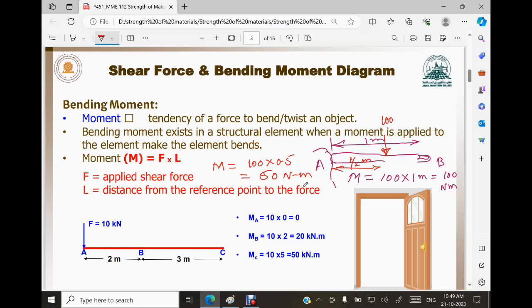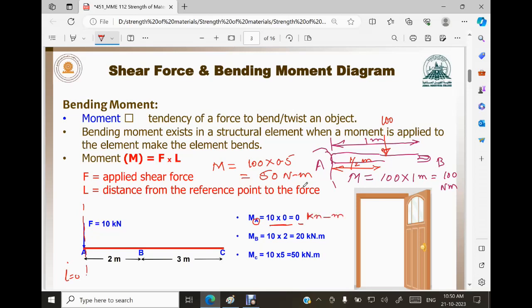Now let us come to this picture. If I want MA, what actually is MA? MA is bending moment at point A. What is the distance? My reference is this only, means the distance L is 0 over here. So bending moment is nothing but 10 multiplied by 0, that is 0 kilonewton meter.